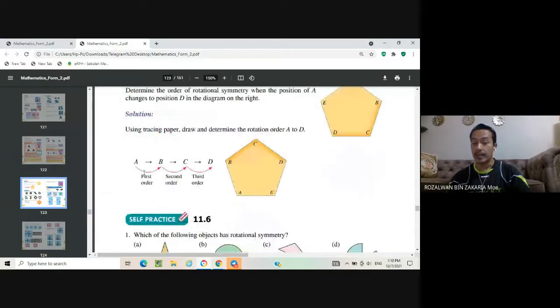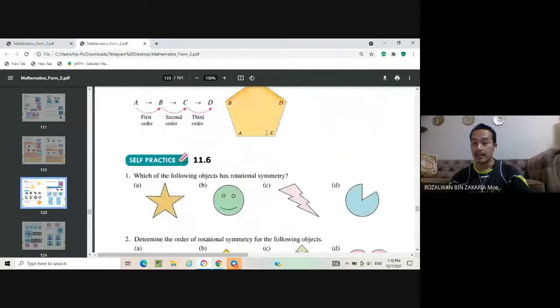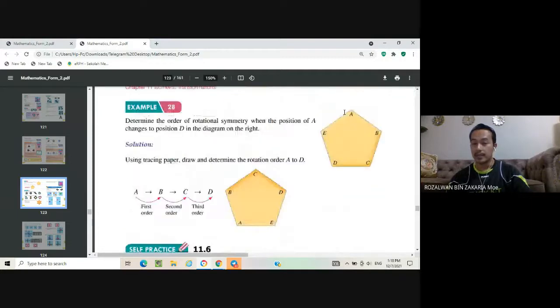Look at this one. The first rotation, from A to B, is the first order. From point B to point C is the second order. And from point C to point D is the third order.